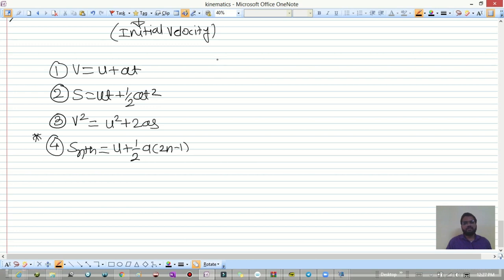As you can see over here, we can write this in vector form, like v bar is equal to u bar plus a bar t. Then displacement s bar is equal to u bar t plus 1 by 2 a bar t squared.